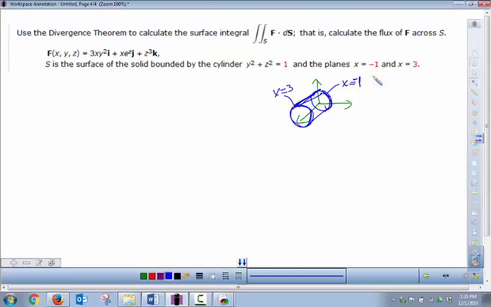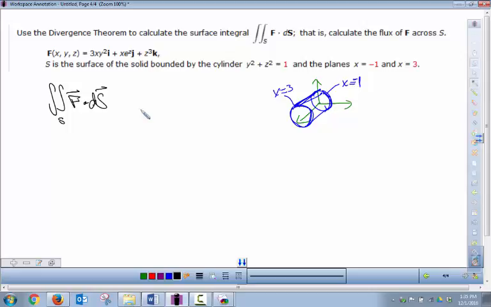Now, if you were to do the flux directly, what would you need to do? Let's think about it, talk about it, and not do it. But you should know what you need to do to be able to do this.